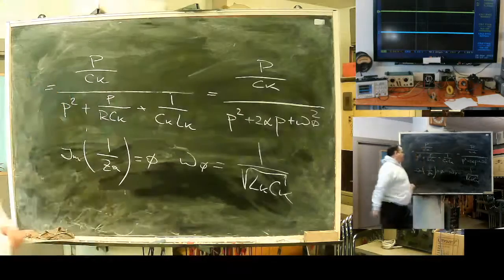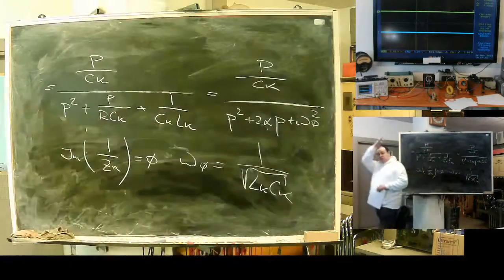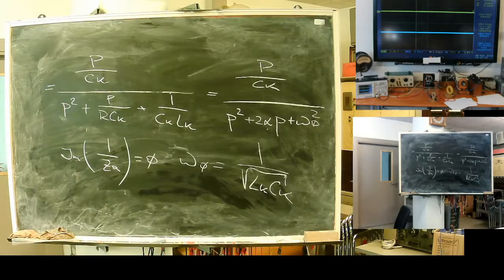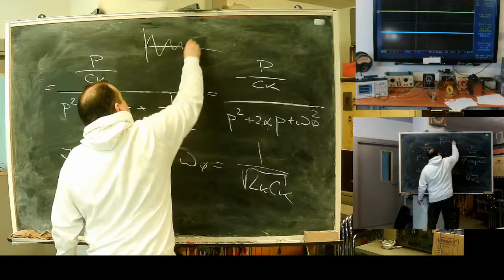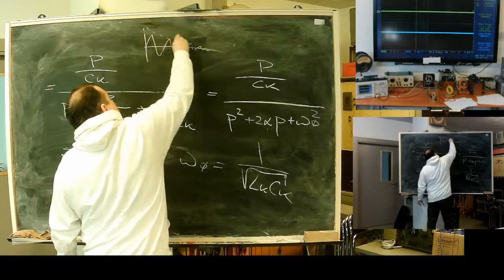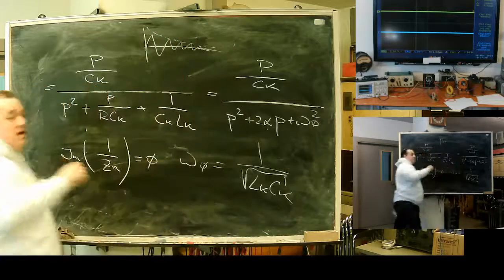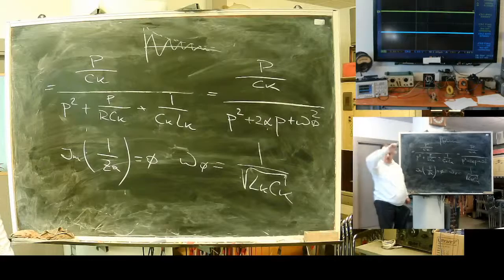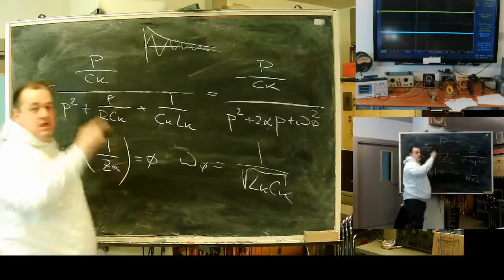It's omega 0. Alpha is an oscillation decrement. If you have decaying oscillation, alpha determines this line, it's a decrement.